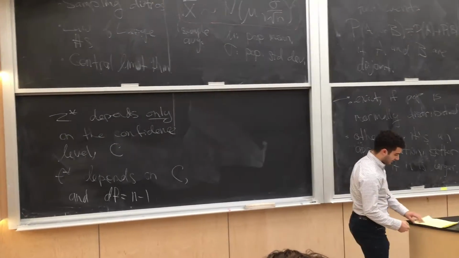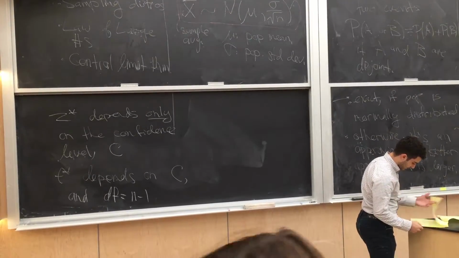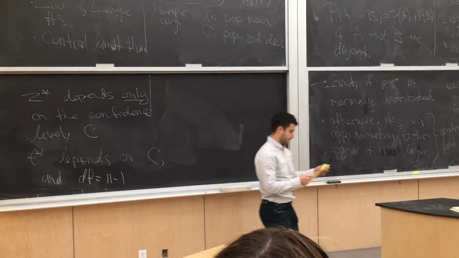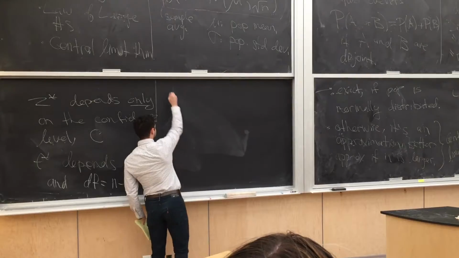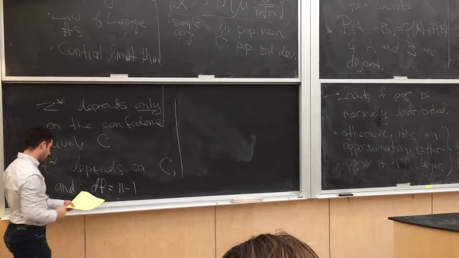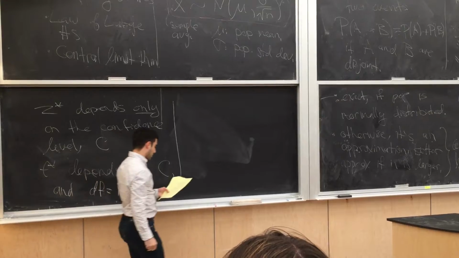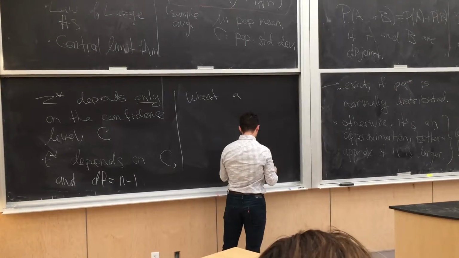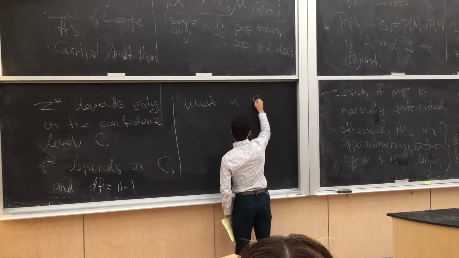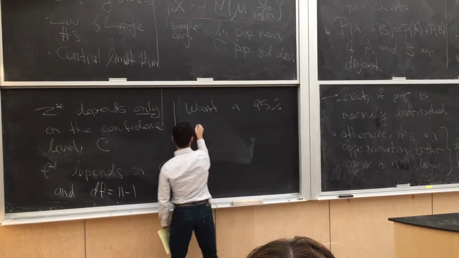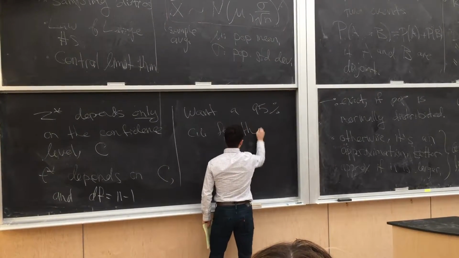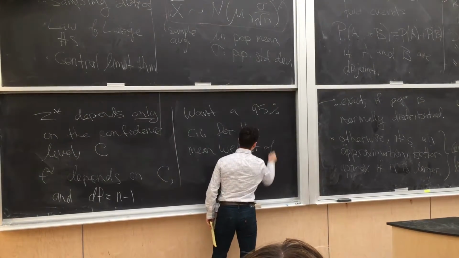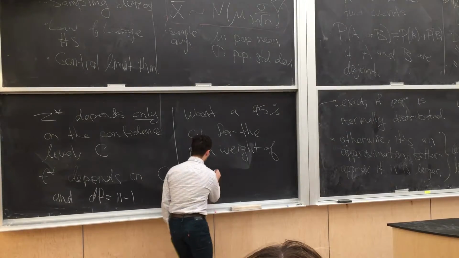So let's do an example of computing these things. Let's suppose I'm studying penguins, and we want, say, a 95% confidence interval for the mean weight of all emperor penguins.